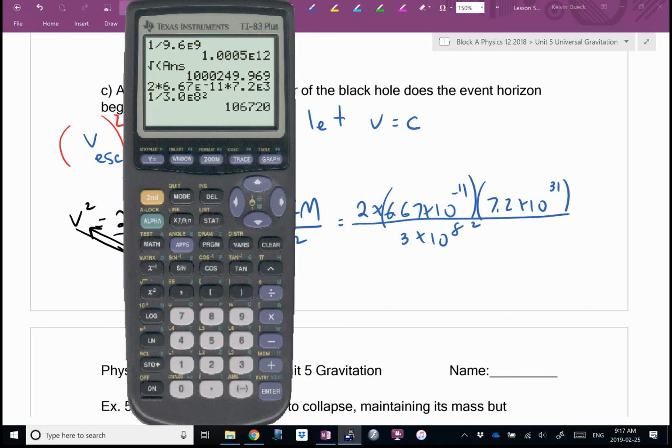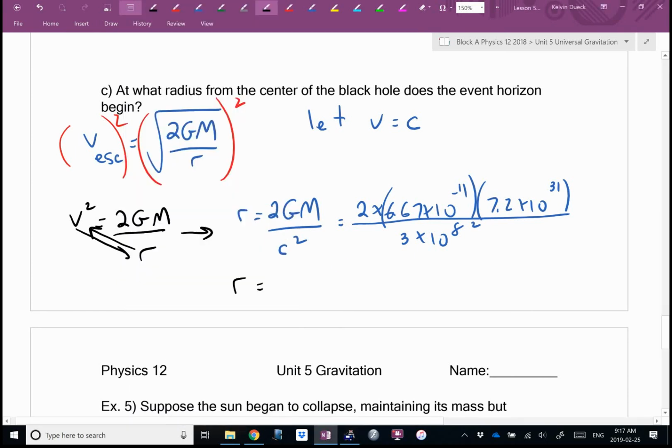So if this star can't collapse smaller than that radius, this star can never form a black hole. We need the gravitational pull of the mass of this star to be strong enough to collapse it in on itself, dense enough so that its radius gets less than 1.07 times 10 to the 6th.